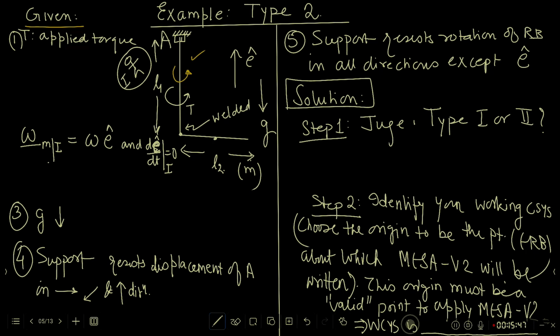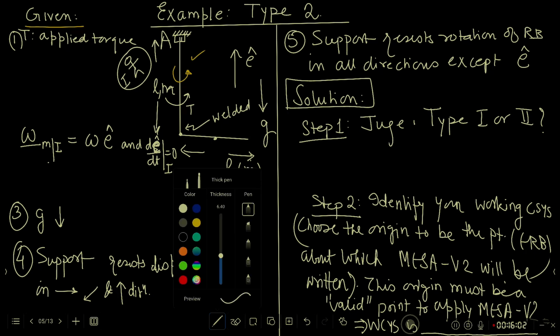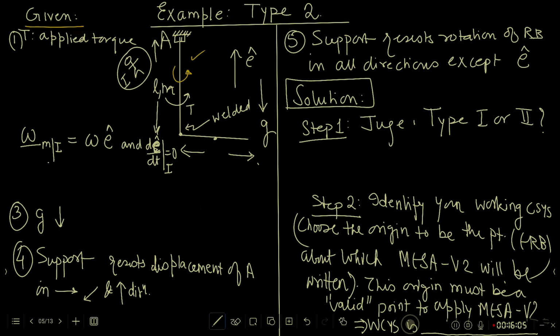The rods have lengths L, both have L. Mass is M and M. Length is L and mass is M. It's also given that there is gravitational force acting downwards, and that the support resists displacement of A in all three directions, horizontal, vertical, all.